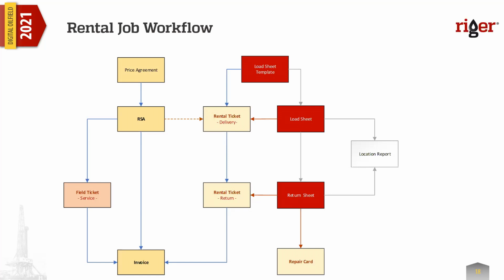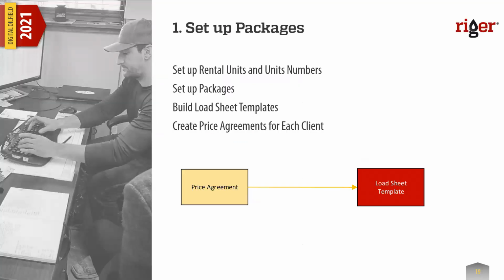And then you will be using load sheets and rental tickets when you ship the equipment, then the return sheet and rental ticket return when you bring equipment back. Sometimes there may be some repair cards if the equipment requires damage fixes. And also you may have field tickets, which will then be transferred to the invoice for billable purposes.